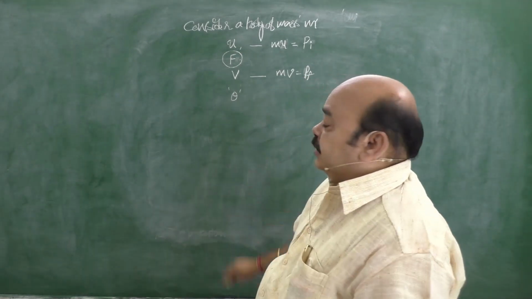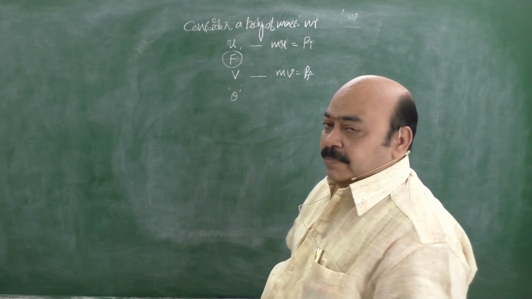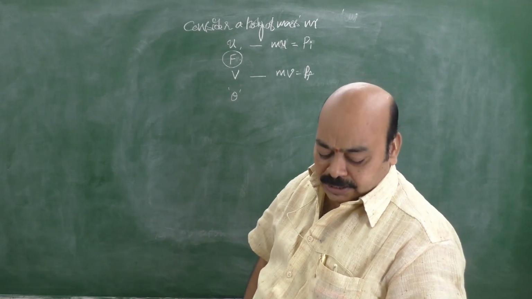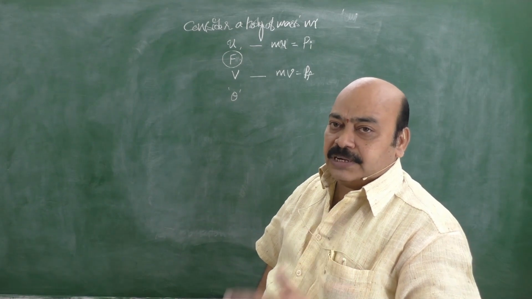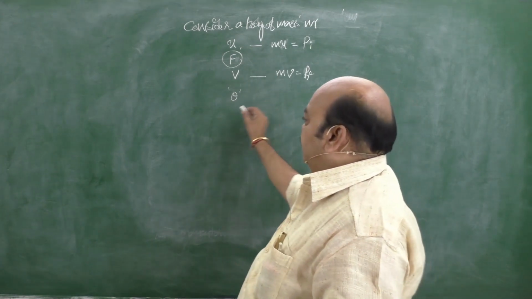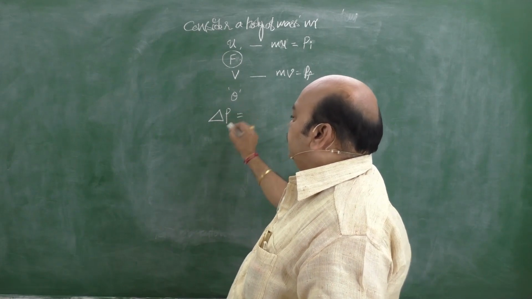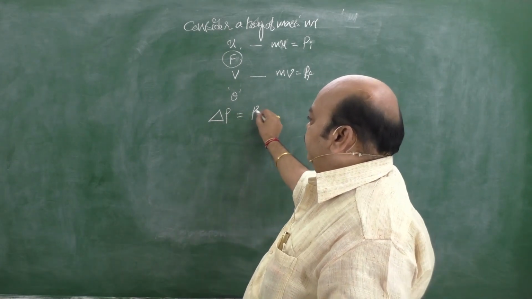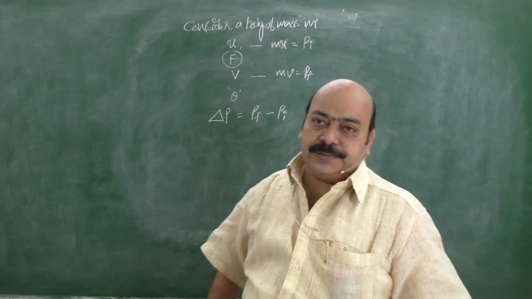In such cases, how do we calculate the change in momentum? Mind it, momentum is a vector quantity. That's why we have to find it along with the direction. The change in momentum delta p is equal to p final minus p initial.